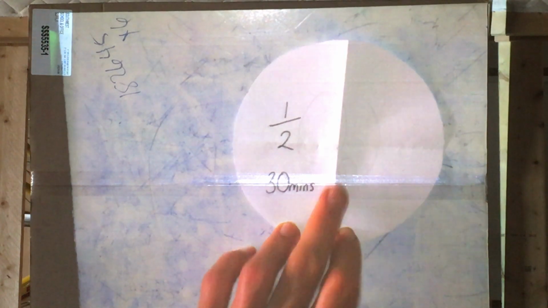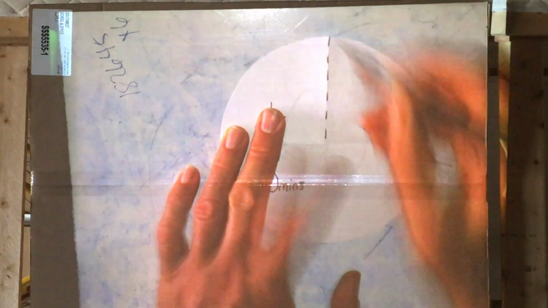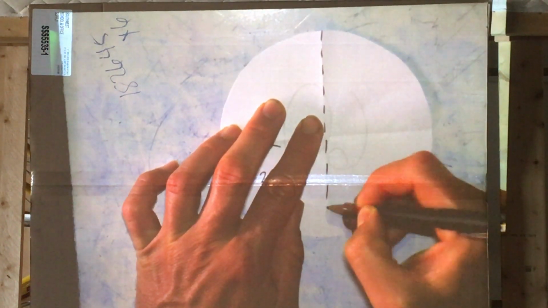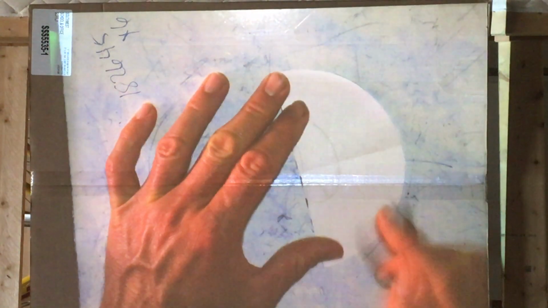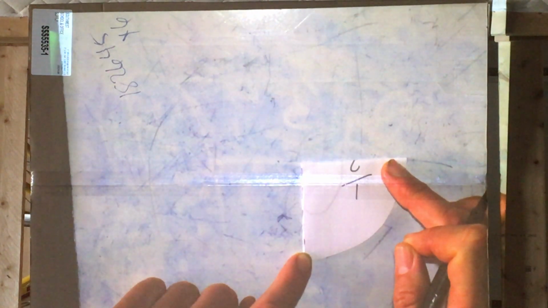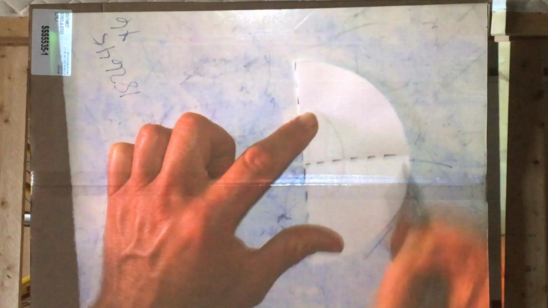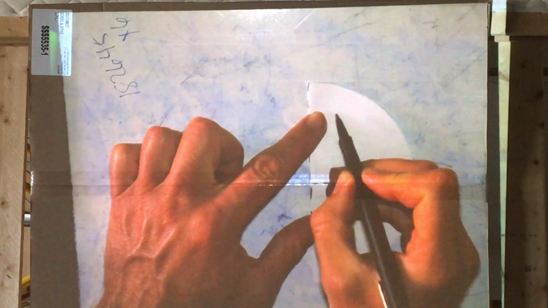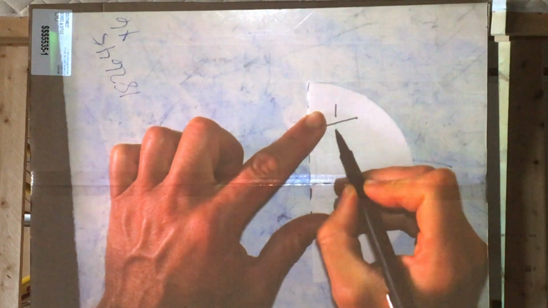Now, maybe I'll draw the dotted line down the half here. Okay, so just to make it clear, there's a half. See? And then if we folded it again, that's the shape that it would come to. I'll just reopen that. A dotted line. And this means that we've got 1 shared equally between 4.